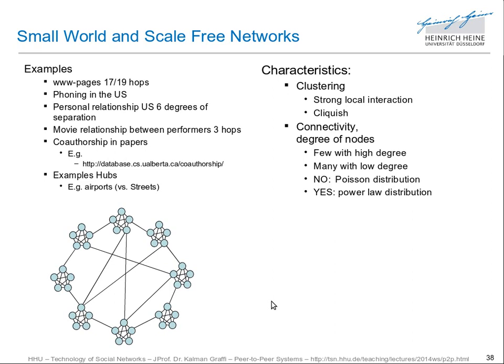Okay, here we have some examples and characteristics of small world and scale-free networks. An example is that most World Wide Web pages are reached via a small number of hops. The phone network in the US is a small world graph, for example. There are a lot of examples.